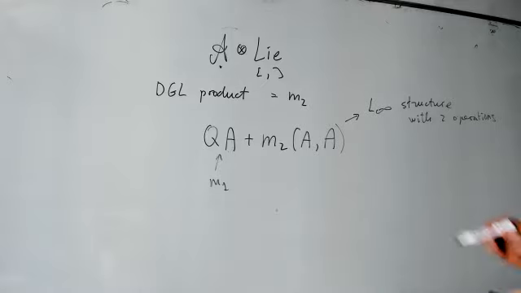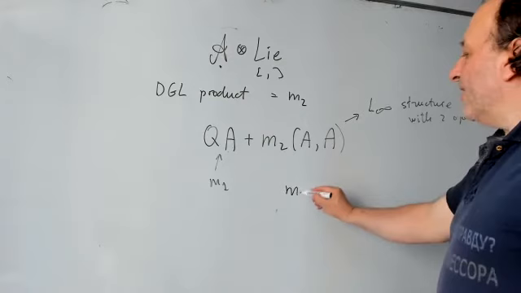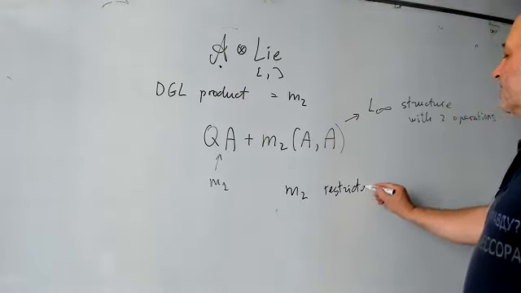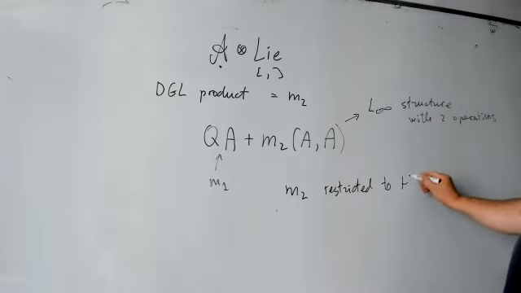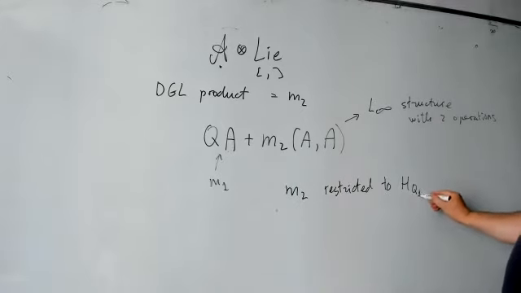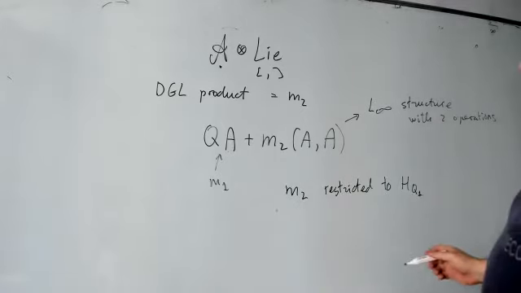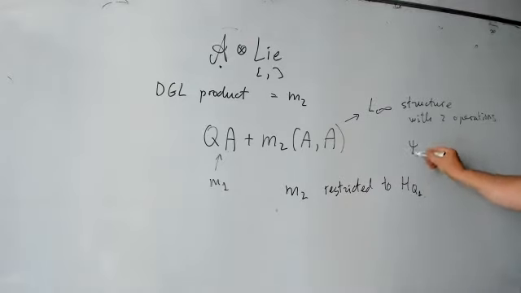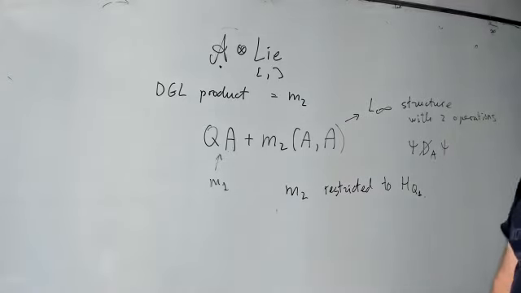So, of course, we have M2 restricted to cohomology. And here we have the Dirac operator coupled to the gauge field.